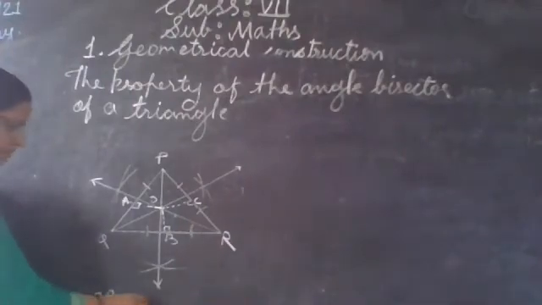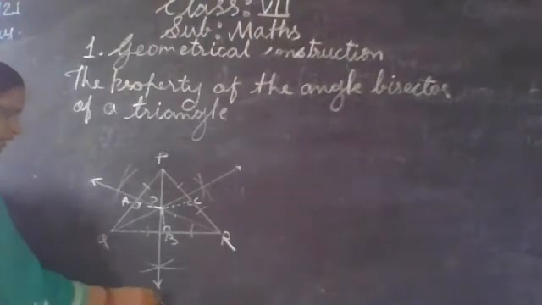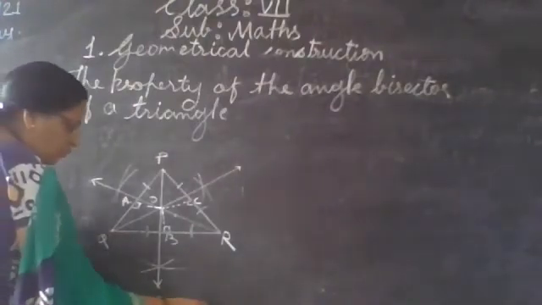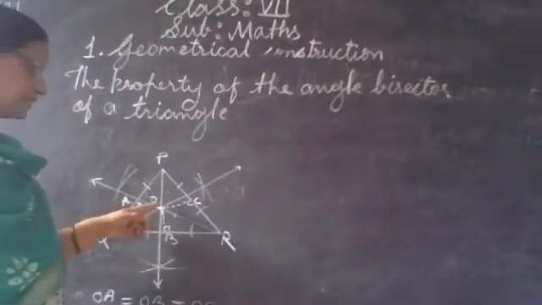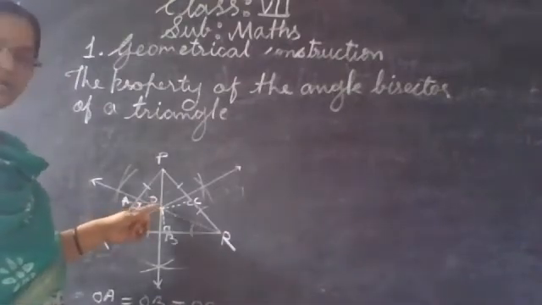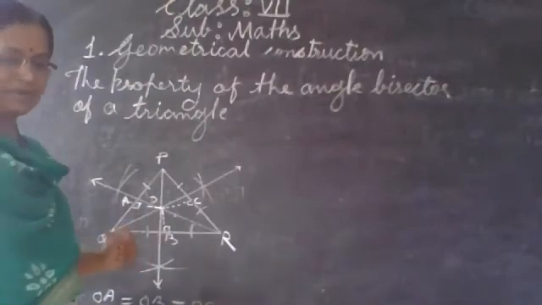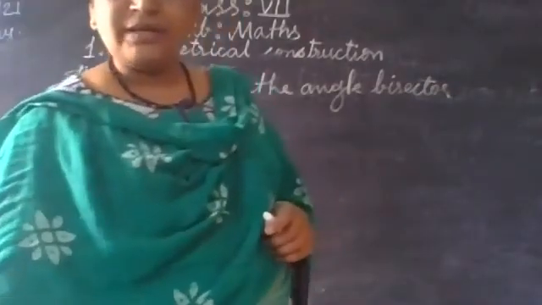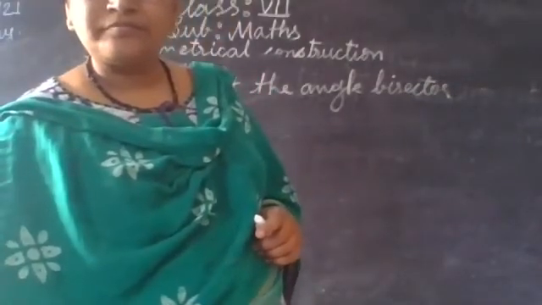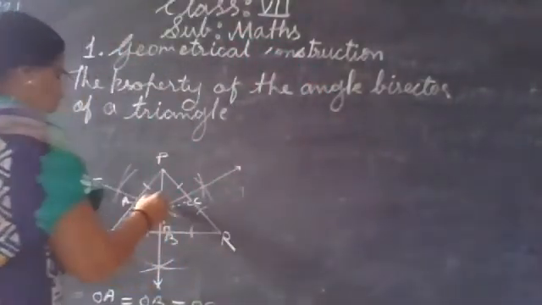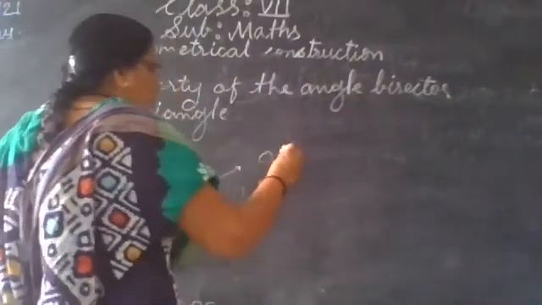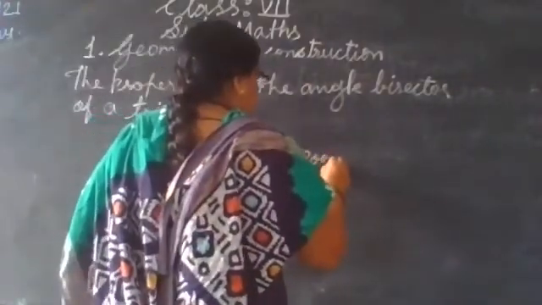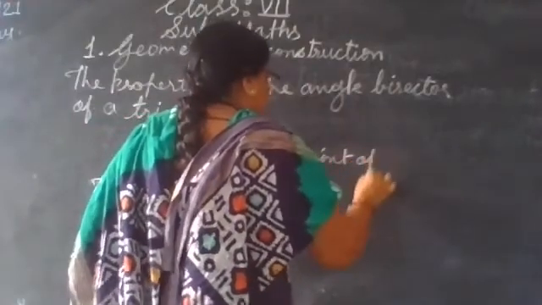OA is equal to OB and is equal to OC. These are the distances from the center to the sides. Got it, beta? It is point O. So O is what? Point of concurrence.